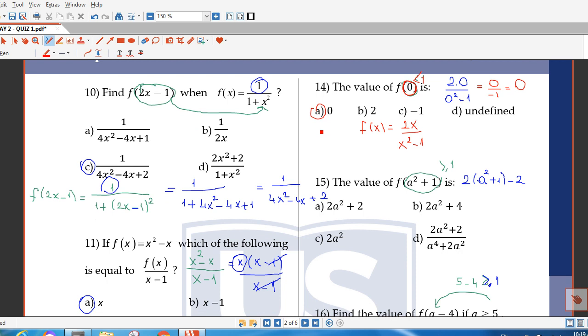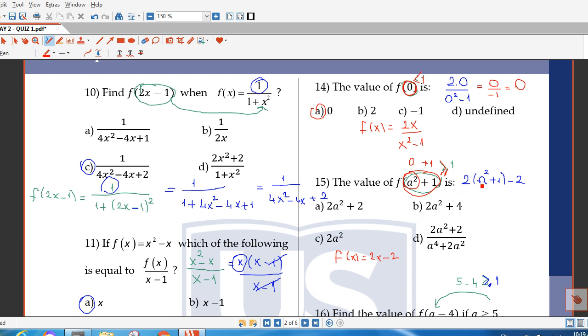Find f of a squared plus 1. The minimum value of any square term can be 0, plus 1. So even though I don't know the number, I can be sure the inside expression is going to fall in the case of greater than or equal to 1, which is the first case, where the function is 2x minus 2.